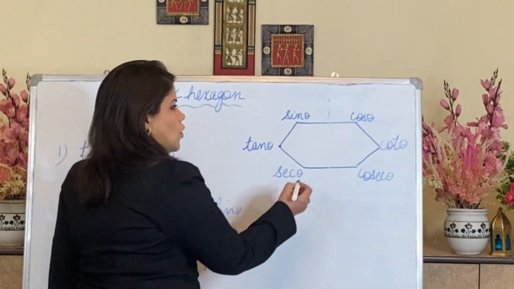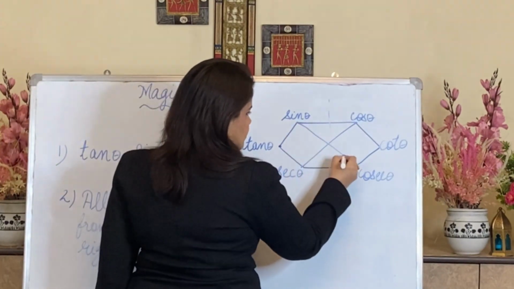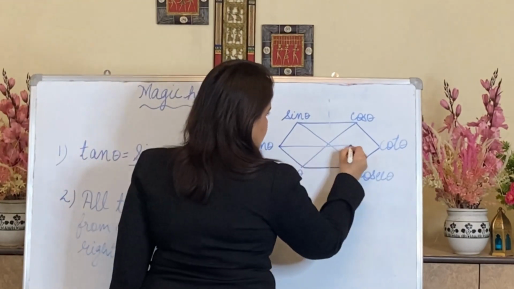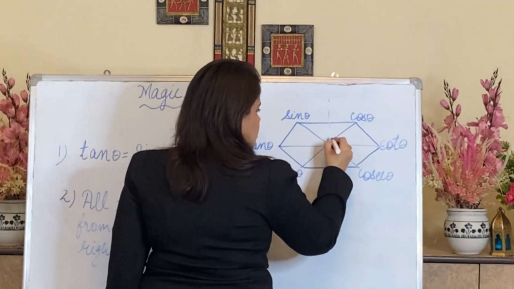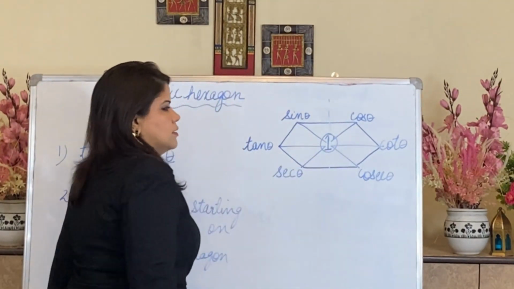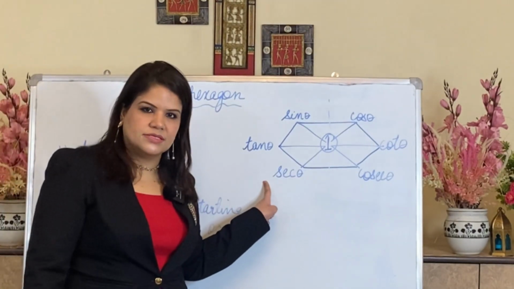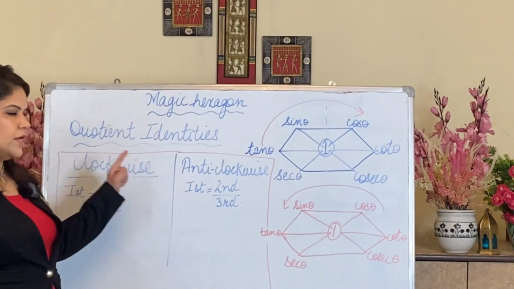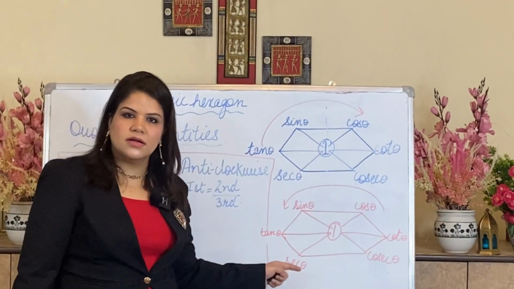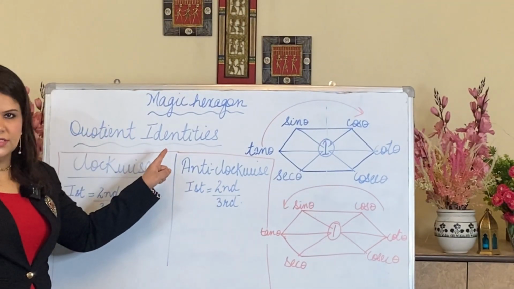Now I will be joining their diagonals. And I will be writing number 1 in the center. So this completes my magic hexagon. The first group of identities which I am explaining using magic hexagon is quotient identity.